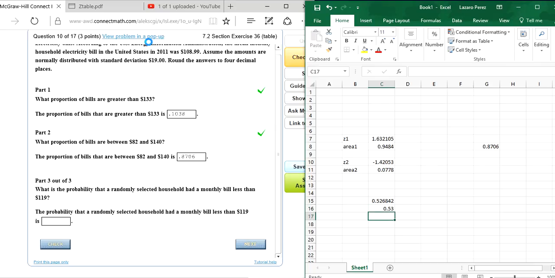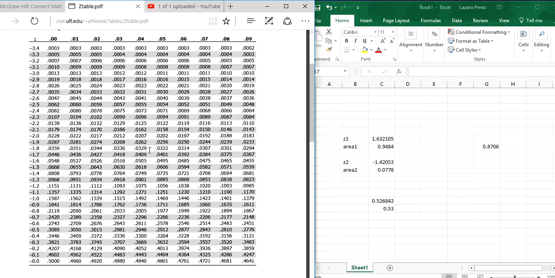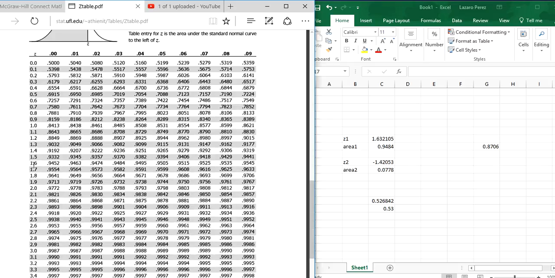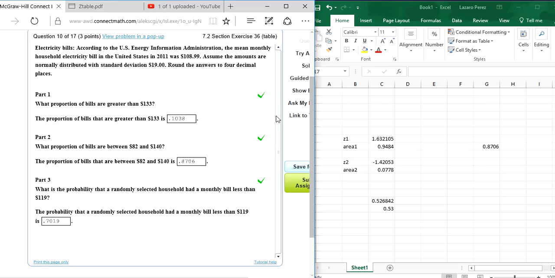So we can find the area for 0.53. All right, 0.7019. Perfect.